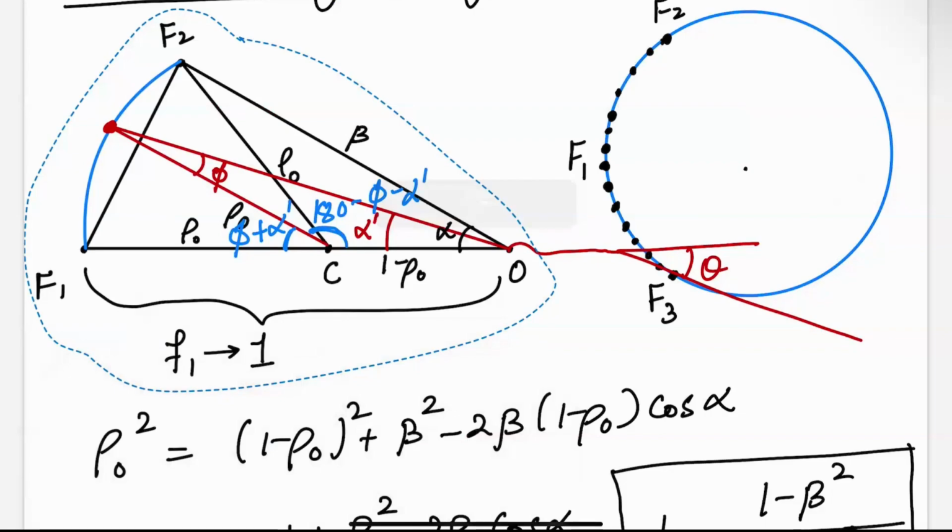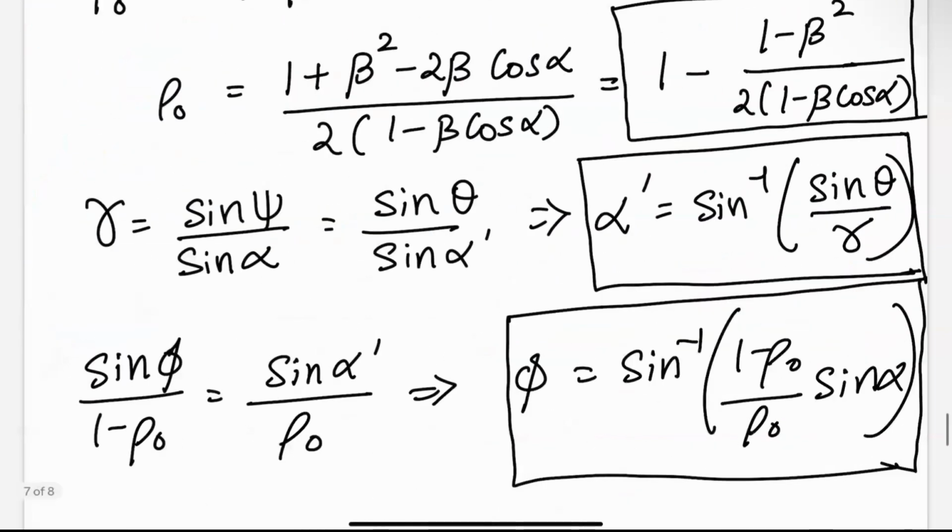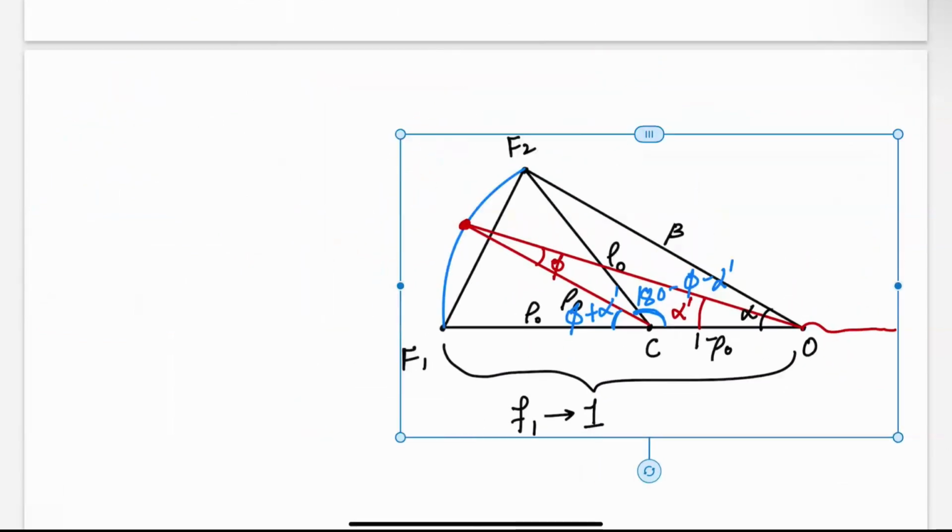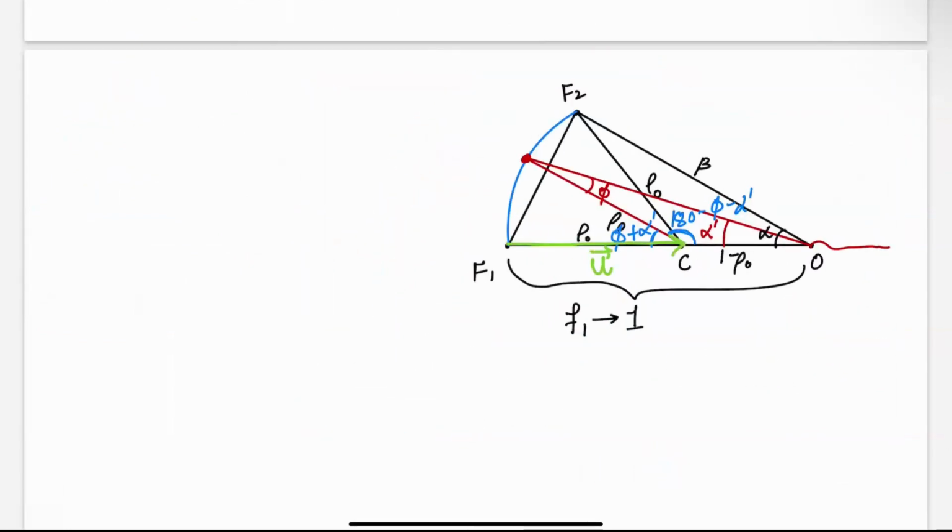So let me write this as vectors now, make it easier. So let's say I call this vector u, this vector v, and this vector q, for some point q of x comma y. Then it's fairly straightforward to see that vector q is nothing but u plus v, right?